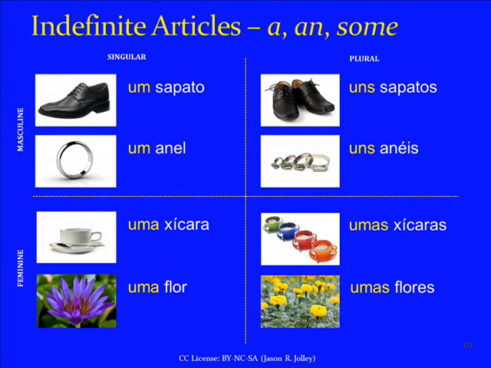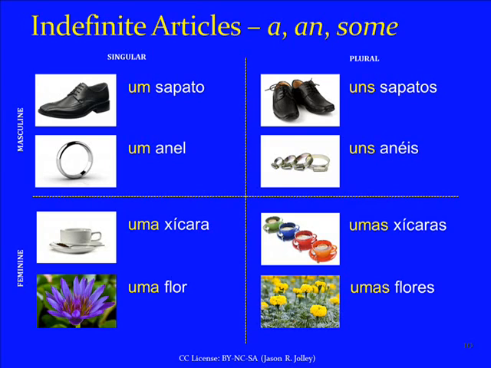In this view, I've replaced those definite articles, o, a, os, and as, with the indefinite articles. These are the equivalents for a, an, and some. So again, we're going to have four because we have singular, plural, masculine, and feminine. Singular masculine is um anel.